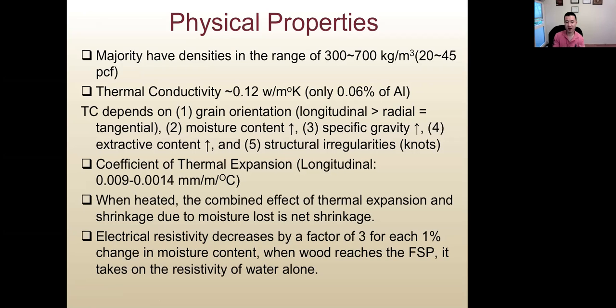So the net effect when we heat the wood is shrinkage. For electrical resistivity, it will decrease a lot for each percent change in moisture content. And when wood reaches the fiber saturation point, we just take the resistivity of water alone.